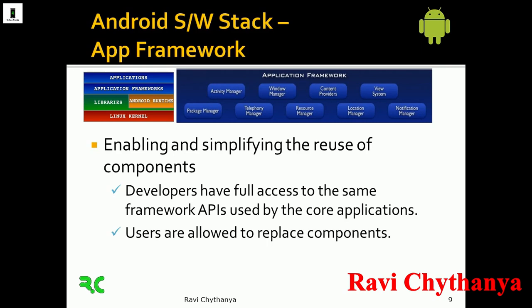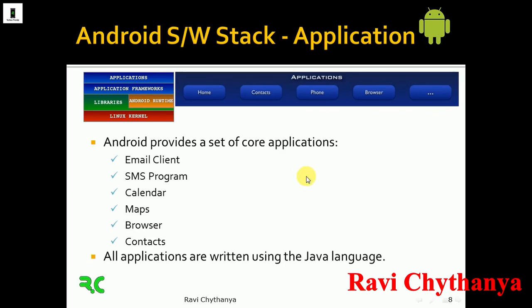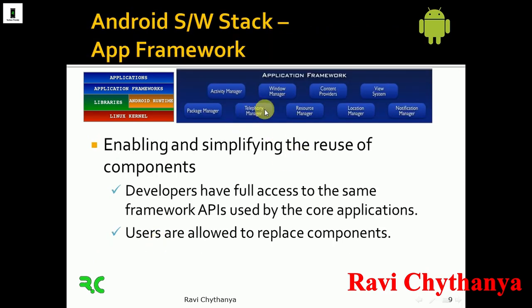For example, if I want to create a contact application, it is going to use the telephony manager, which is part of the application framework, and we develop the same kind of core application, like the core contact application. We can create our own application, right?